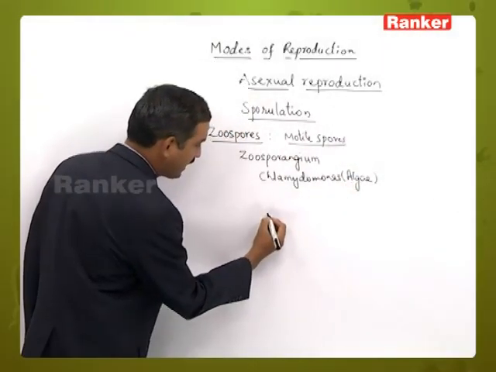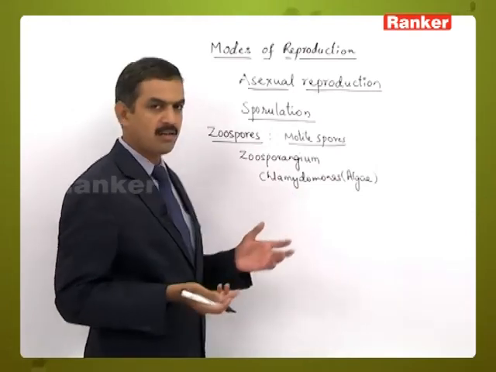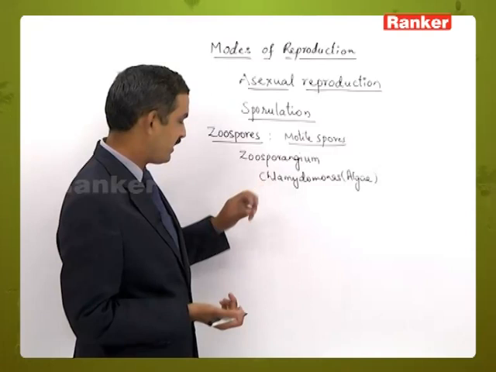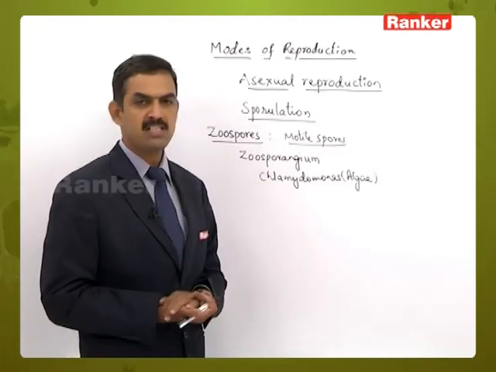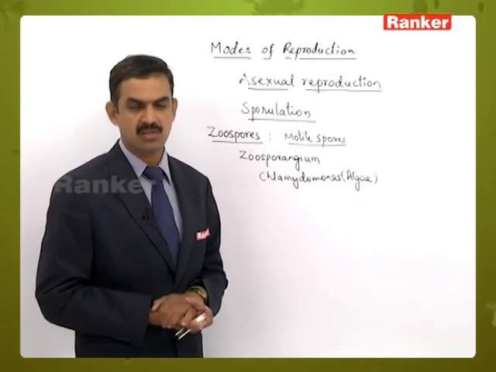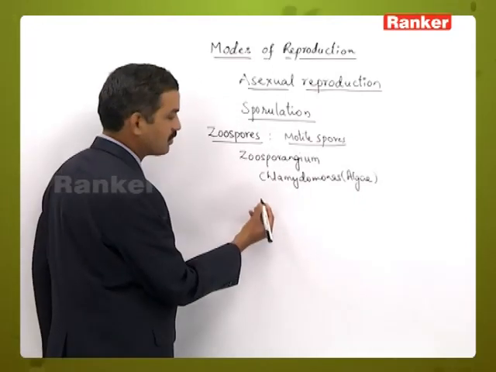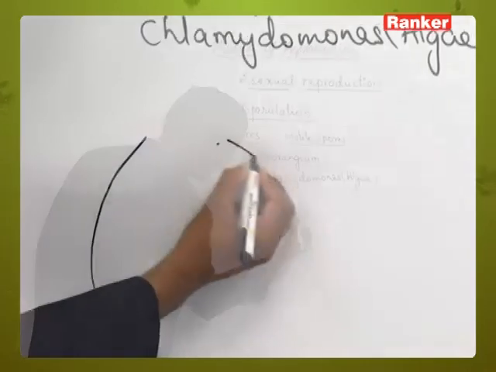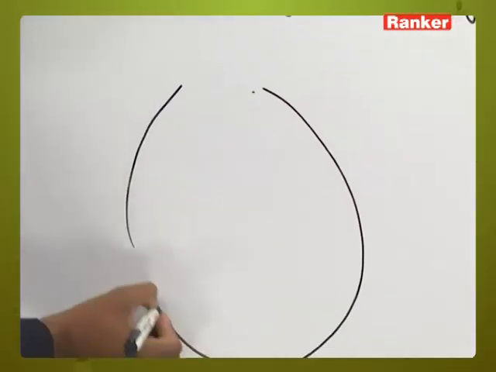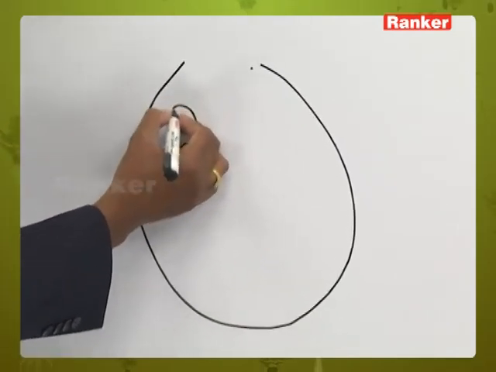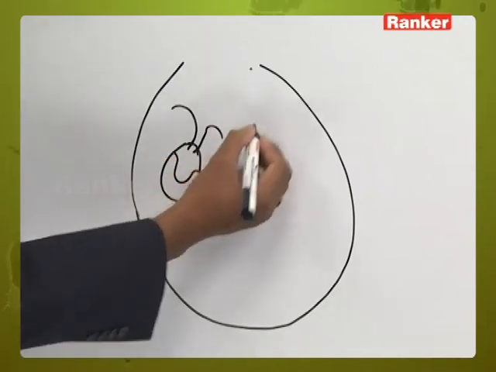The parent Chlamydomonas is a unicellular, aquatic organism. Here the cytoplasmic contents of the Chlamydomonas are divided into similar structures called spores, and each of the spores contains flagella. When the parent Chlamydomonas is broken, the daughter spores are released outside.